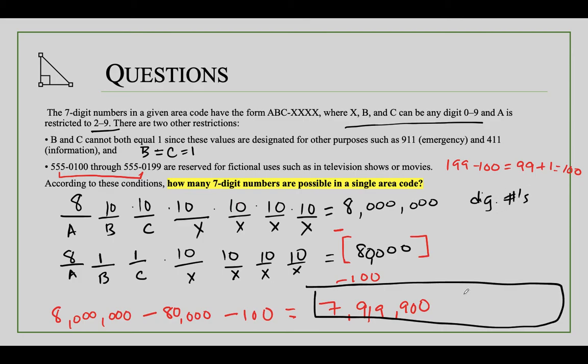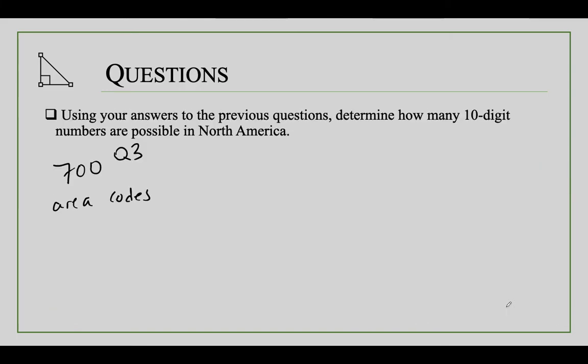You don't really have to include units here, but it's nice to figure out if we can so that it makes sense to us. So we figured out there was 700 from question 3, and then 7,919,900 digit numbers, I guess, from question 4.